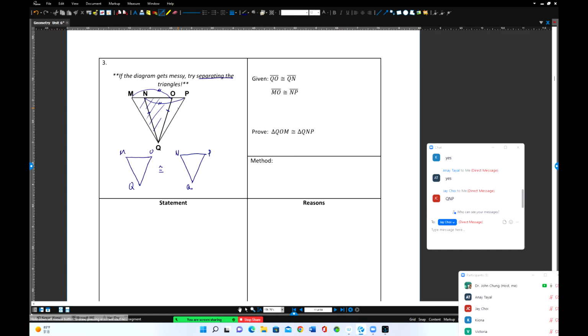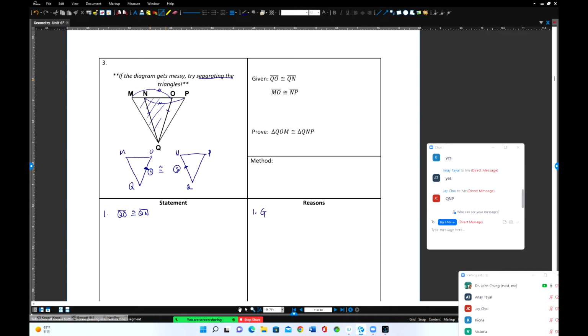The first one, OQ. This is OQ. QN, they said they are congruent already. This is the first S. So I'm going to write down there: QO congruent QN. That's the given. We got one side already.